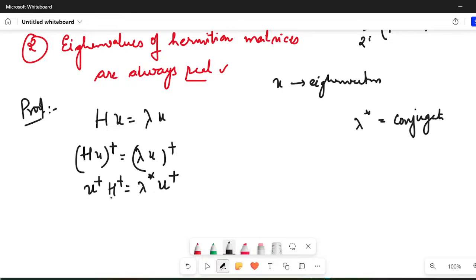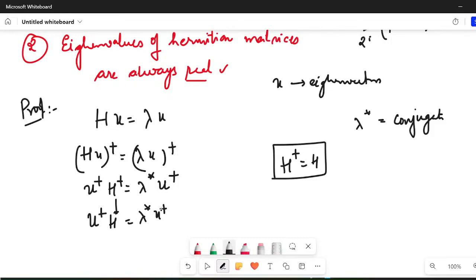So H dagger is simply H, because we know that H dagger is equal to H for Hermitian matrices. So this is U dagger H = lambda star U dagger. Is that clear? This is quite easy to see.